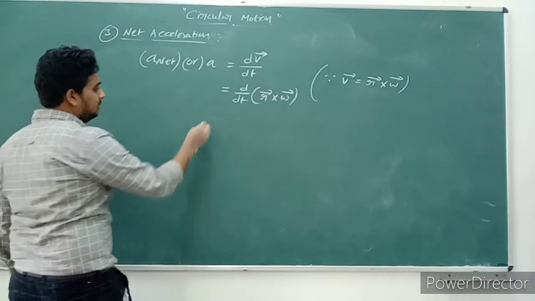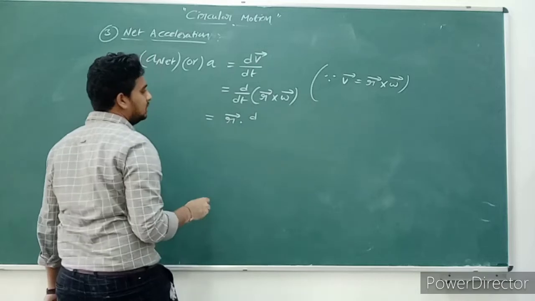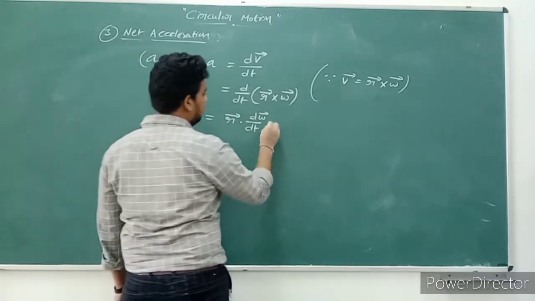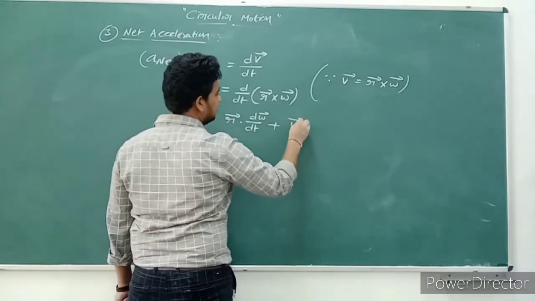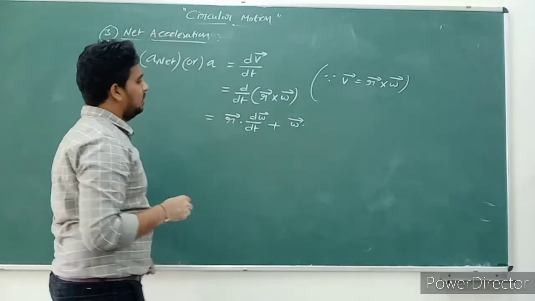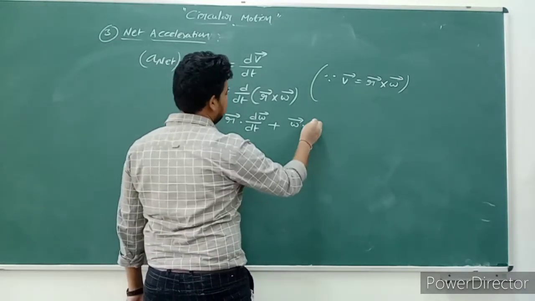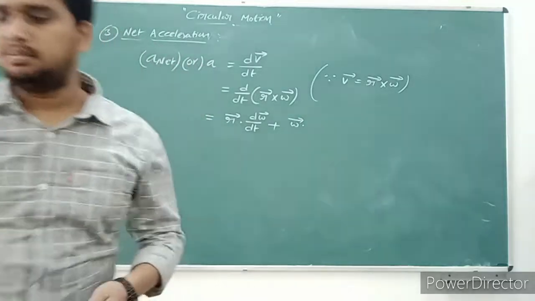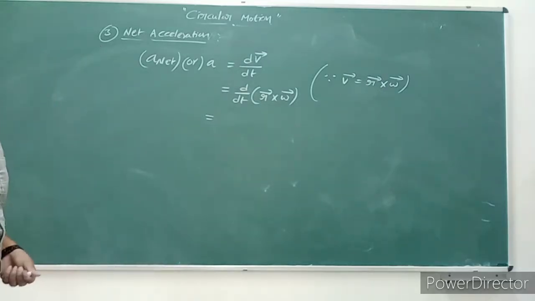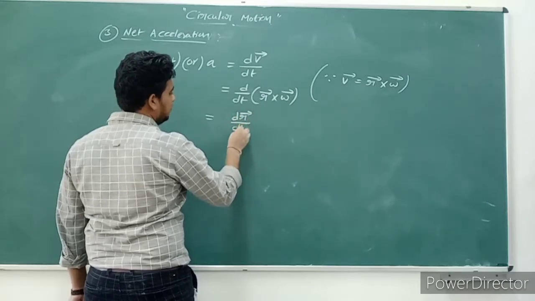Substitute this. d by dt of R bar cross omega bar: first keep R bar outside, then d by dt of omega bar, plus keep omega bar outside and take dR bar by dt.